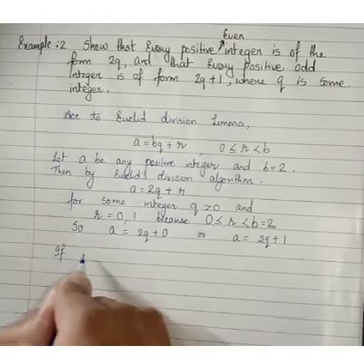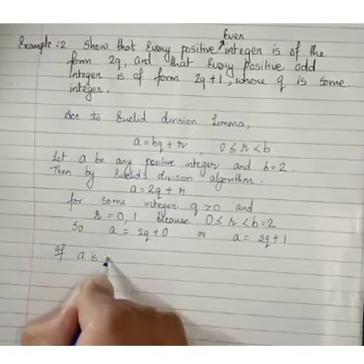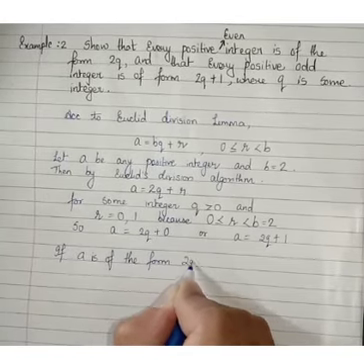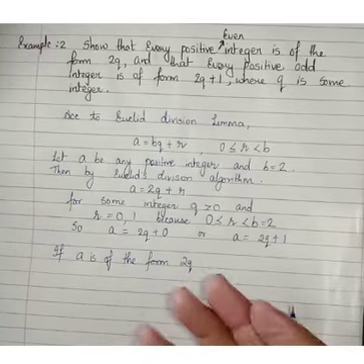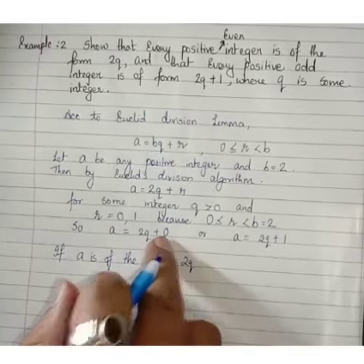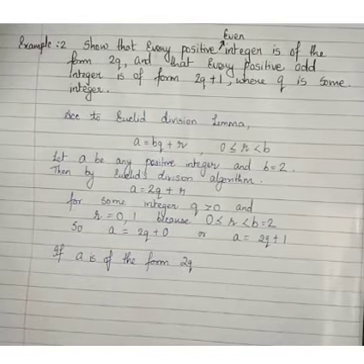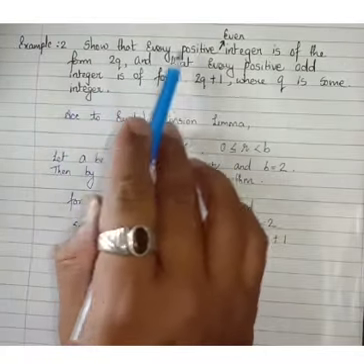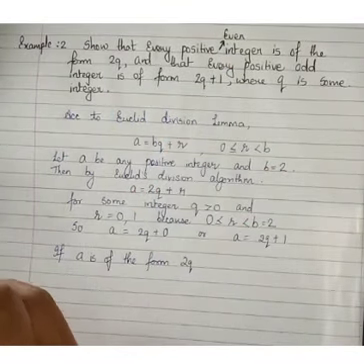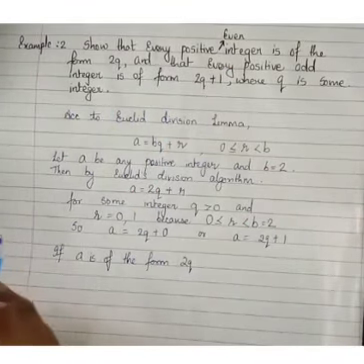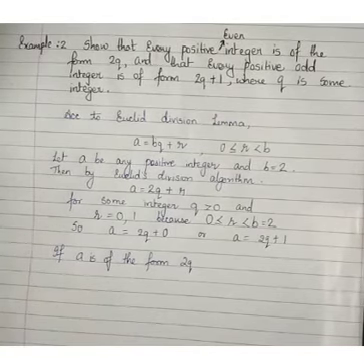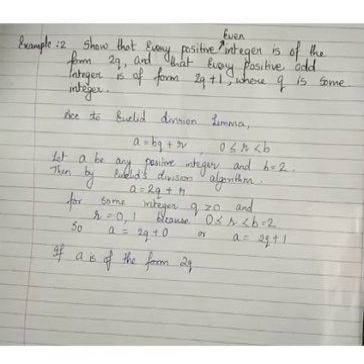So if a is of the form 2q, it means the remainder is 0. And I told you, for any integer, how to tell whether it is an even integer or an odd integer: we tell by dividing the number by 2, and we find that if the remainder is 0 then the number is even, and if the remainder is 1 then the number is odd.